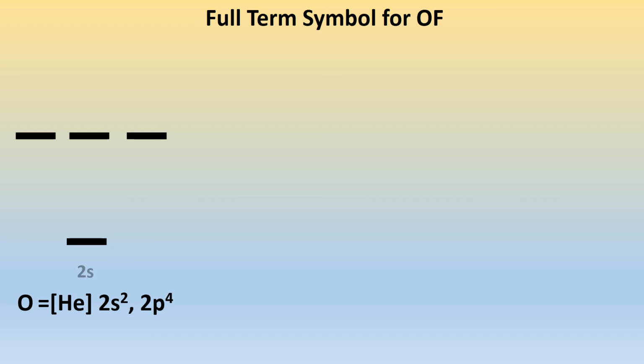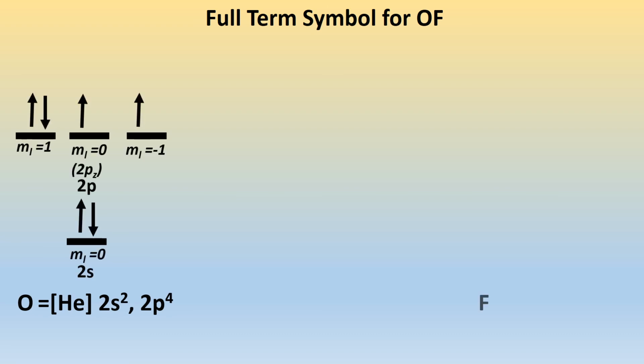We will now see how the differences between symmetry and parity will affect the term of the molecule OF. As you know, this is a molecule we've already done where we've seen the electron configurations of both the O and the F atom.